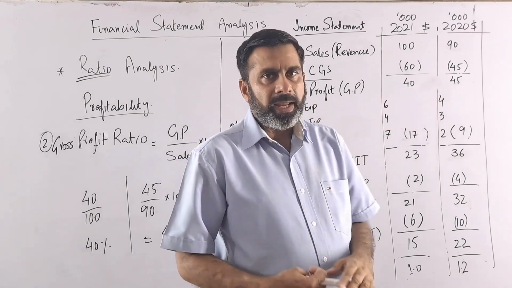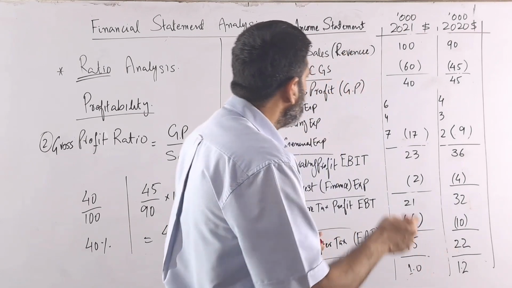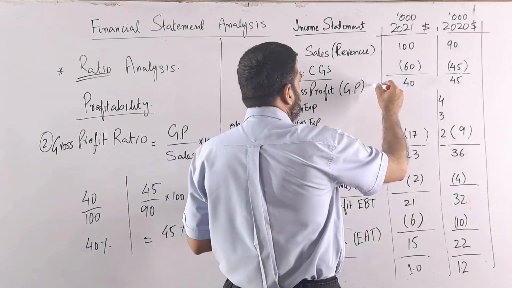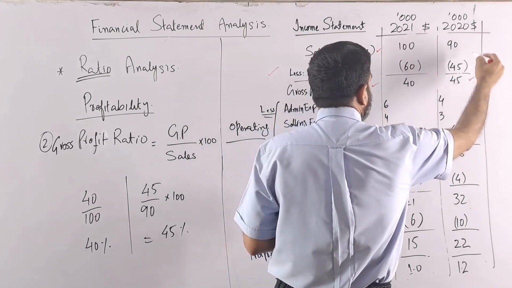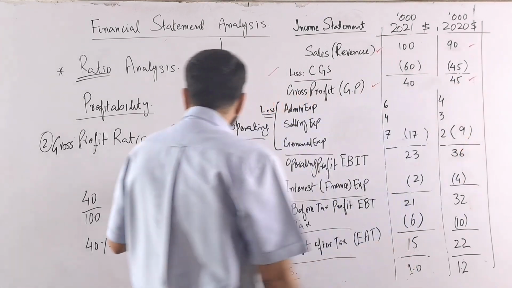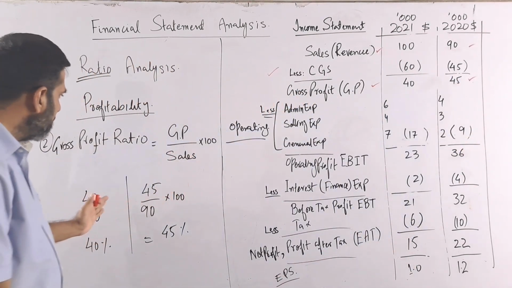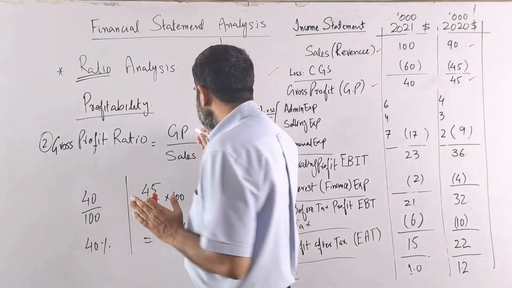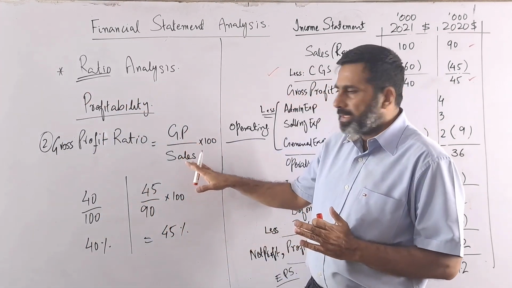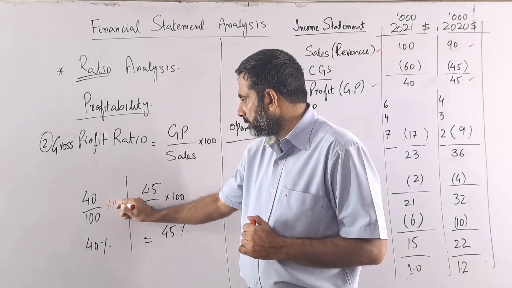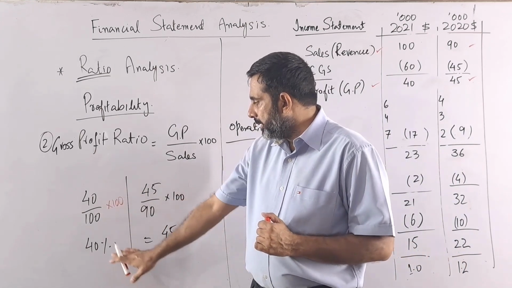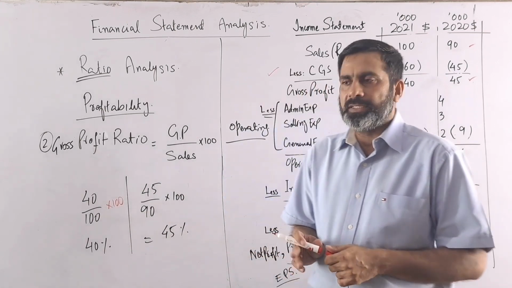We use these two figures, the gross profit and the sales. The gross profit divided by the sales is 40 divided by 100, so it is 40% gross profit.